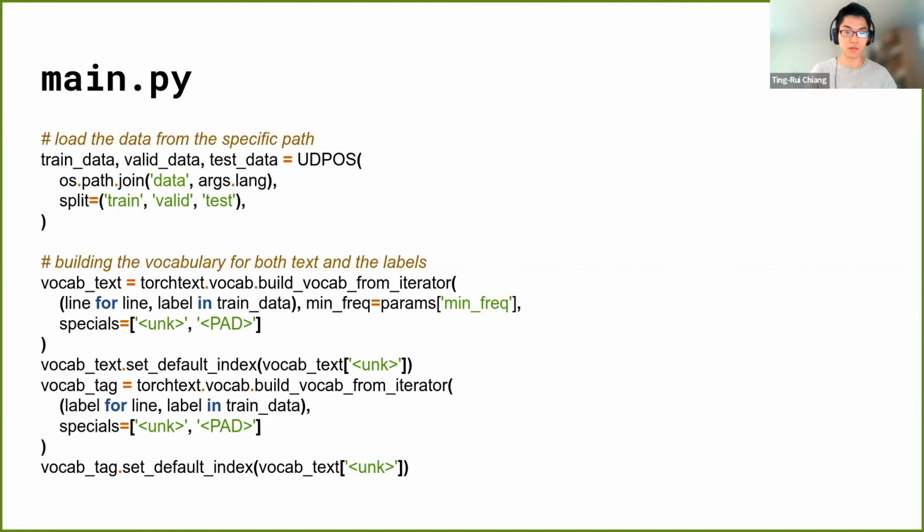So we have to iterate through the training data to see what words occur in it. And for a similar reason, we have to iterate through the data set to see all the possible POS tags in this data. So these are the purposes of these lines.